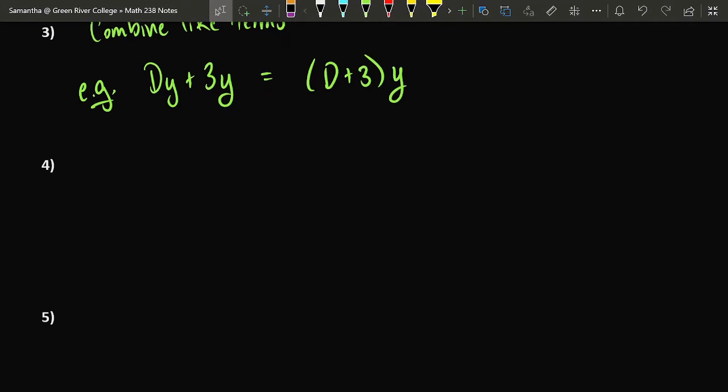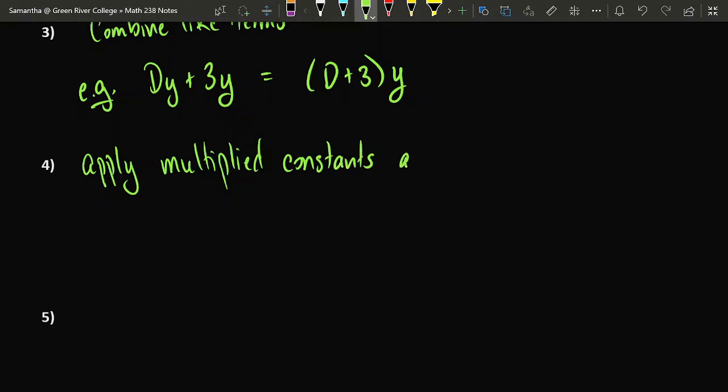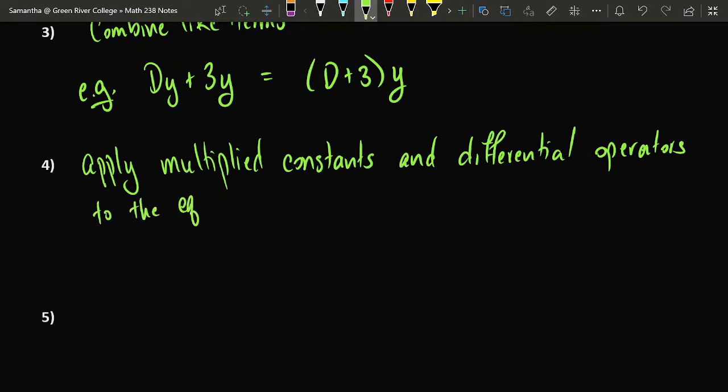Now, once that happens, you're going to want to apply multiplied constants and differential operators to one or both of the equations to get a so-called canceling pair.